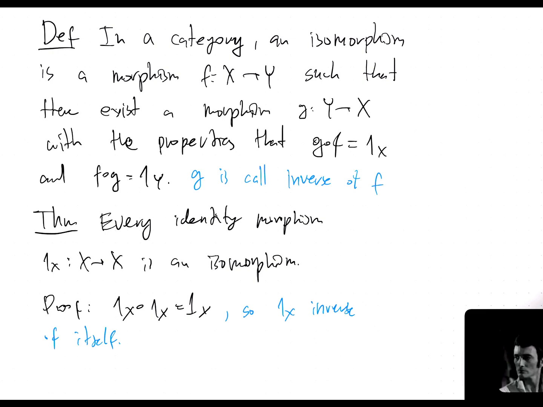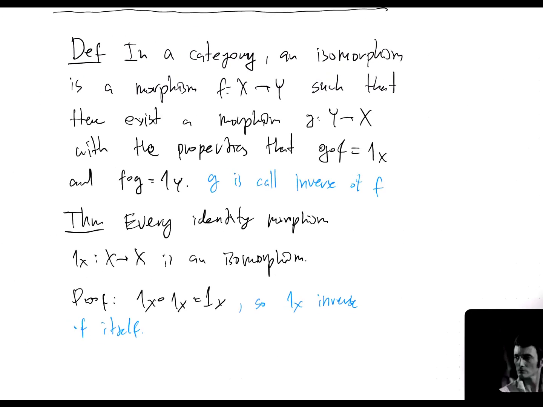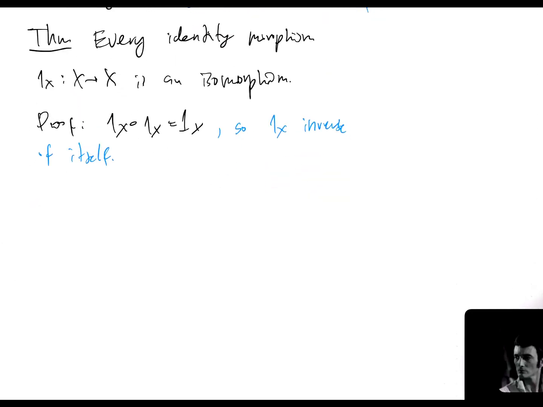An isomorphism is a morphism where you can transform one structure into another, and then you can transform it back without any modification or loss or gain of information to the original structure. And this happens on both sides, on the left side and the right side. So it tells you that the two structures are essentially the same thing. To illustrate that, let's look at examples of isomorphisms in some algebraic categories.